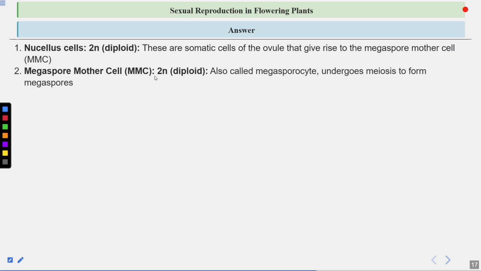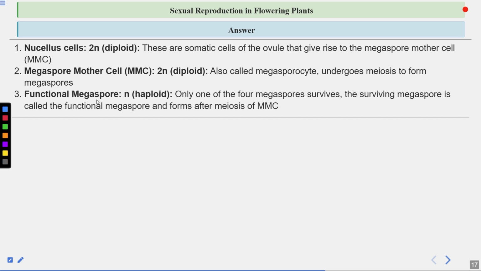Megaspore mother cell, this is again diploid. Till here, they are become very distinct from the other nucellus cell, but still no reduction division has been started here, right? So also called as megasporocyte undergoes meiosis to form megaspores. Now this megaspore mother cell only undergo the meiosis and forms the megaspores, but still it is a diploid structure. Functional megaspore.